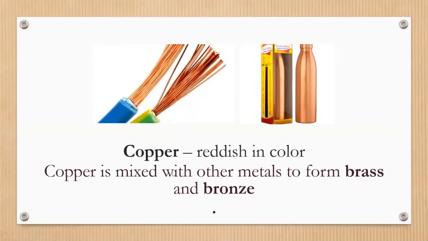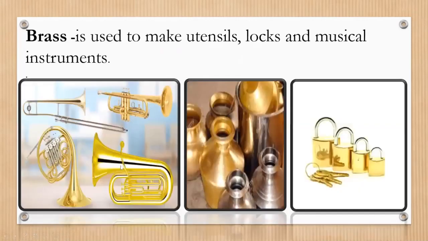Copper. Now, this copper has some other uses, like when this copper is mixed with other metals, then we can get different types of metal like brass and bronze. You might have seen the yellow color metal. All yellows are not gold, right? Let us see what is brass. You can see here, is it gold? No, it's a yellow color metal, which is also made of what now?